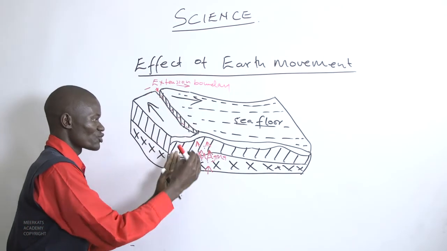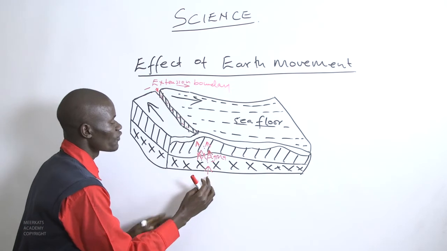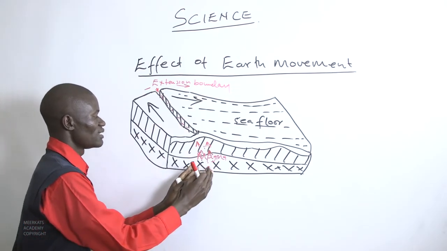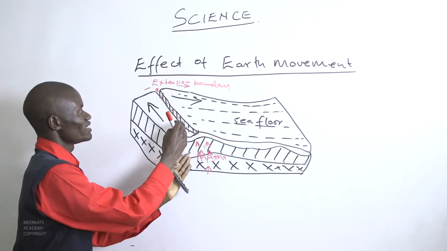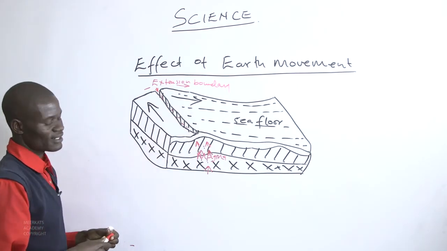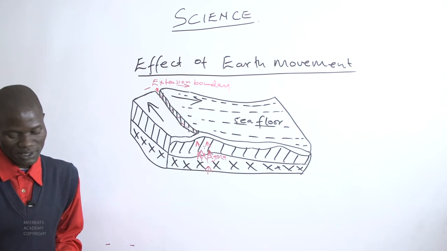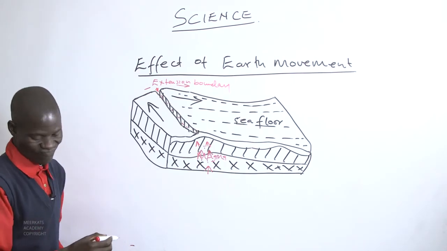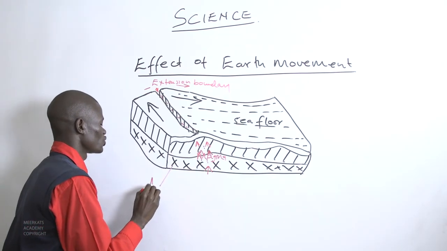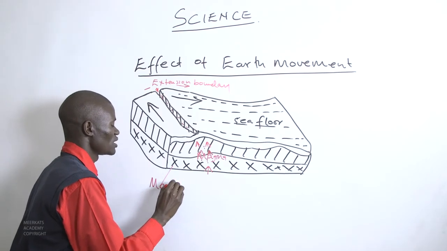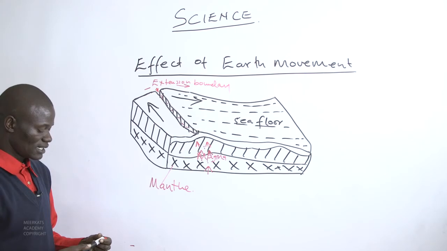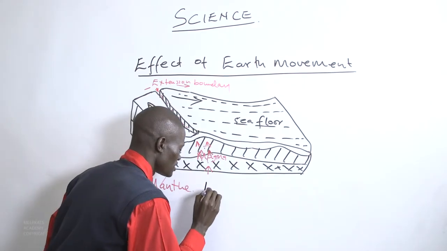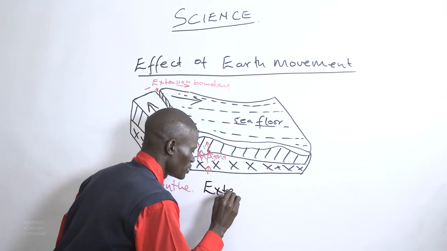The crack has already been created. From the interior of the earth, the magma will try to force itself towards those boundaries, creating volcanoes, especially on the ocean floor. And this is the formation of an extension boundary.